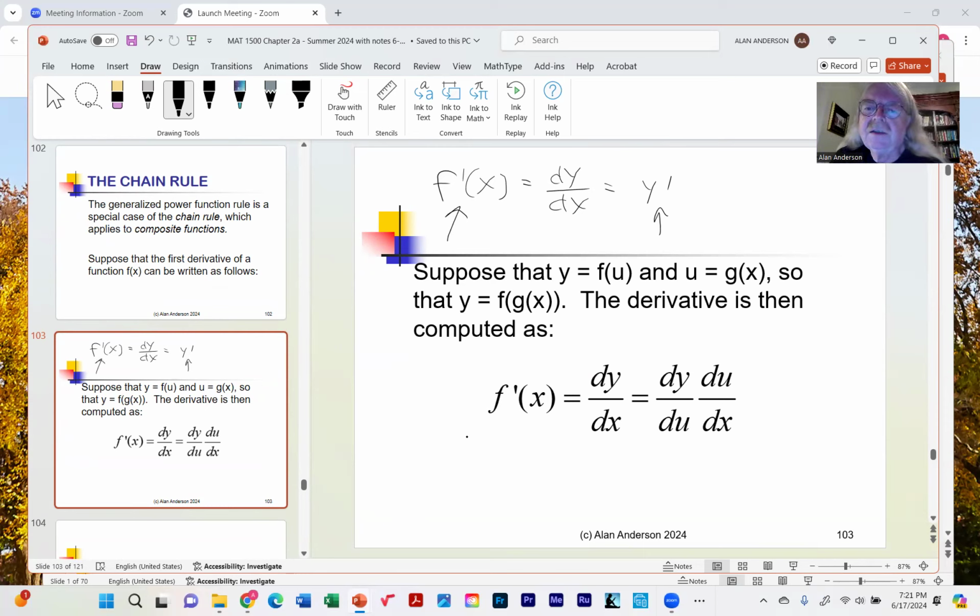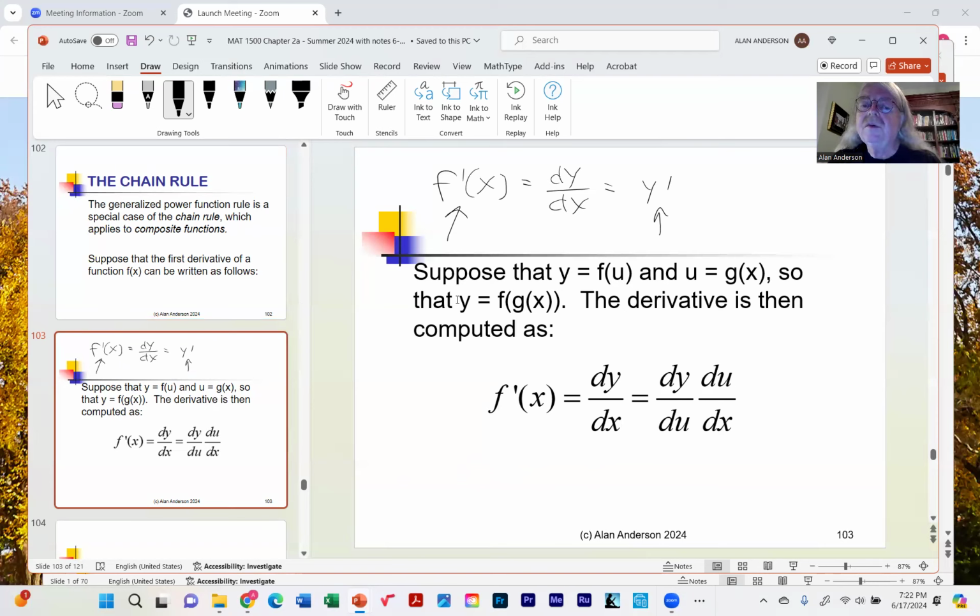But for something like using the chain rule, the dy dx notation can actually be very useful because you can see visually what you're doing, and you can see that we're treating y as a function of u, and then u in turn is a function of x. In other words, we have a composite function, f of g of x, but f itself is a function of u, and u is itself g of x, a function of x.